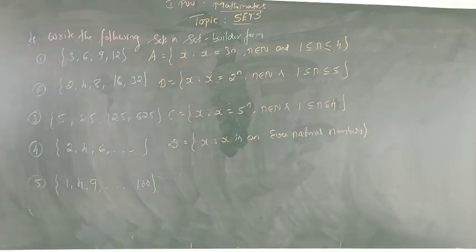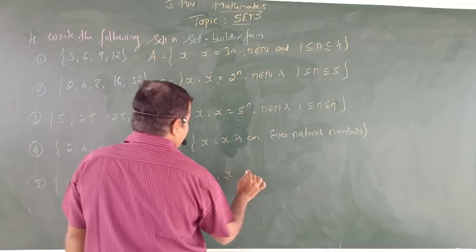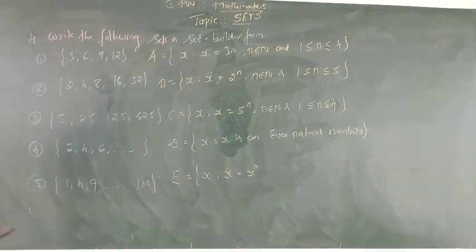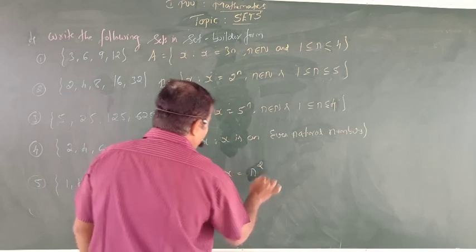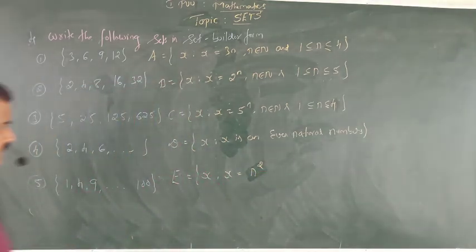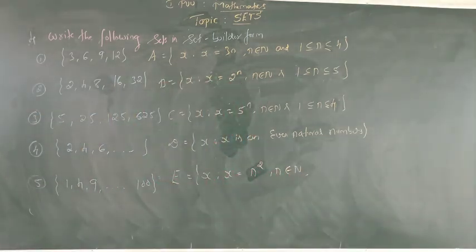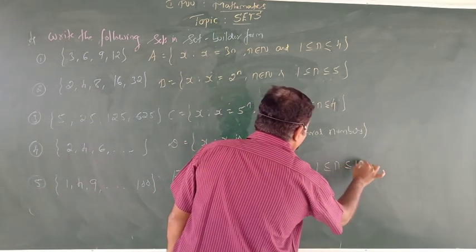The last one, 1, 4, 9 up to 100, can be written as n square. So E equals x such that x equals n square, where n belongs to capital N. That means all should be natural numbers, and it starts from 1 and ends up to 10.